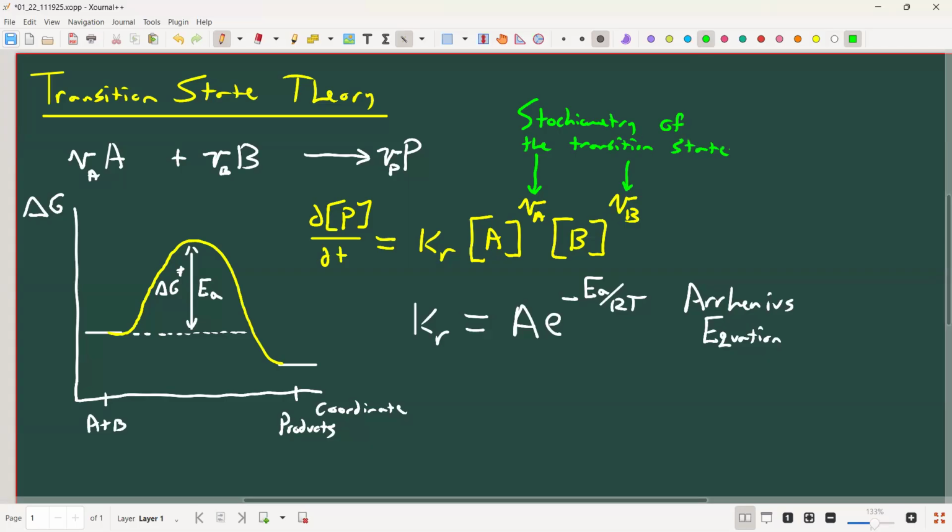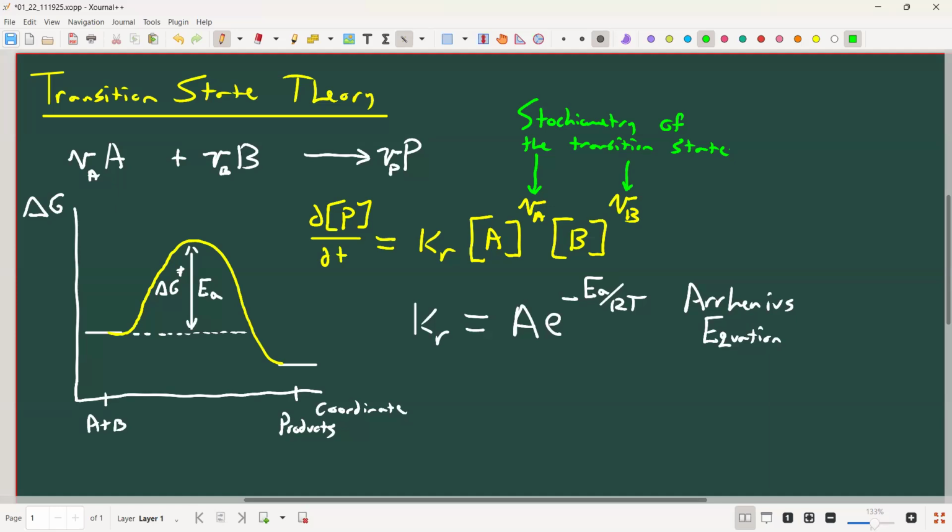So if you have a reaction that involves 1 mole of A and 1 mole of B in the transition state, where 1 mole of A and 1 mole of B come together to form some new molecule, then the rate law is first order in both of them. But if it's a reaction where 2 A's come in and 1 B comes in, you're going to have a factor 2 here. Or if B has no role whatsoever, this B exponent is going to be 0, right?